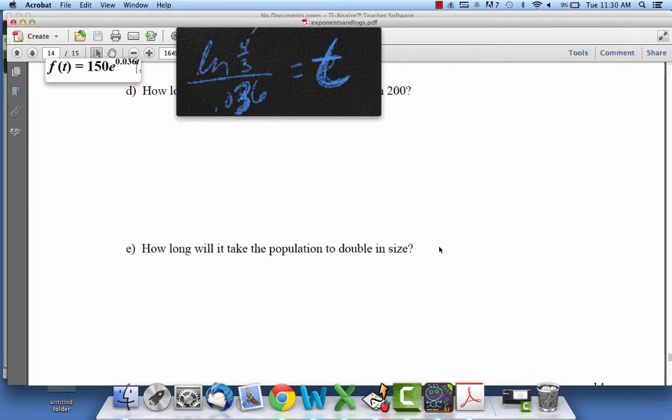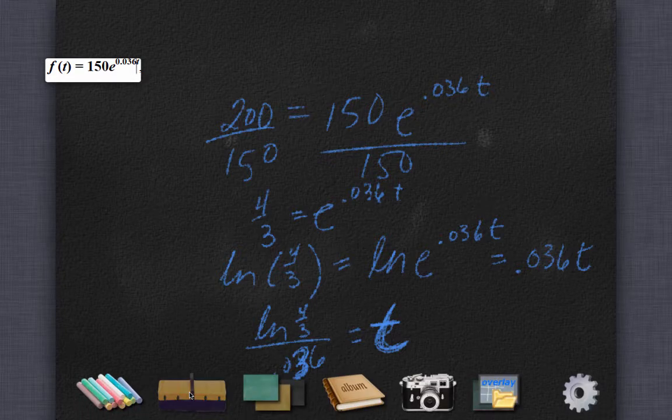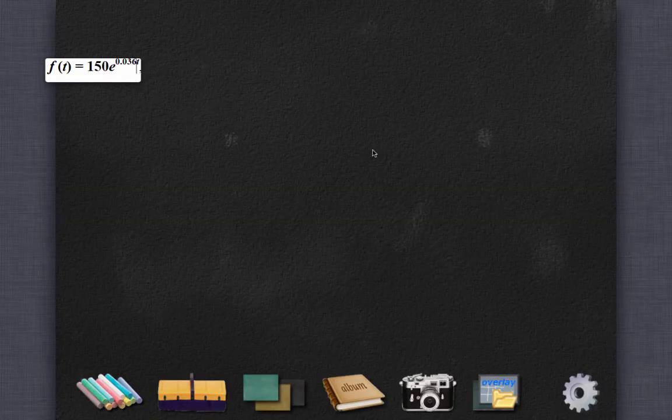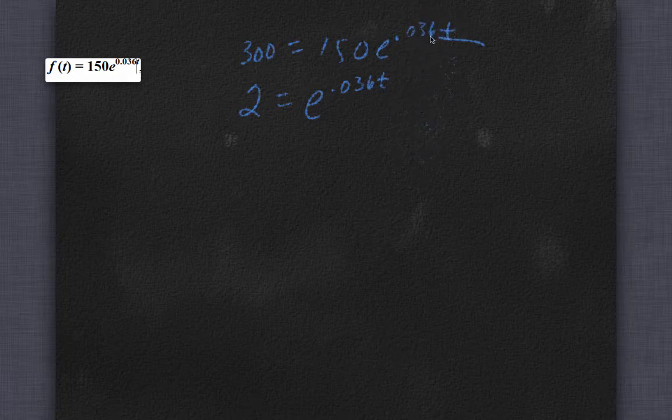How long will it take the population to double? So I could double this. I could write 300 equals 150 times e to the 0.036t. Or I can say, if it's going to double, then I know that after I divide by the initial, I'm going to end up with 2 equals e to the 0.036t. So I could have actually skipped writing this down, because double is going to mean there's a 2 on that side.